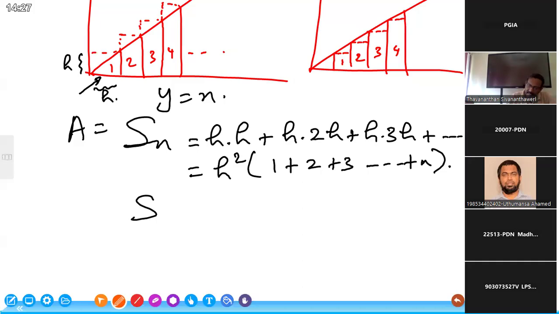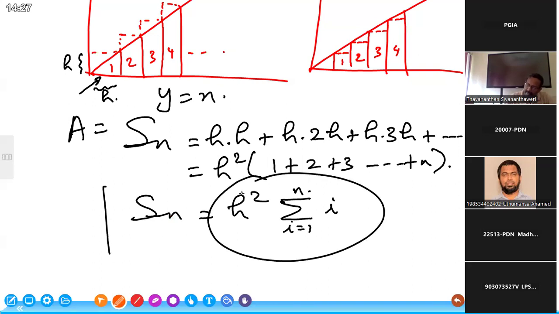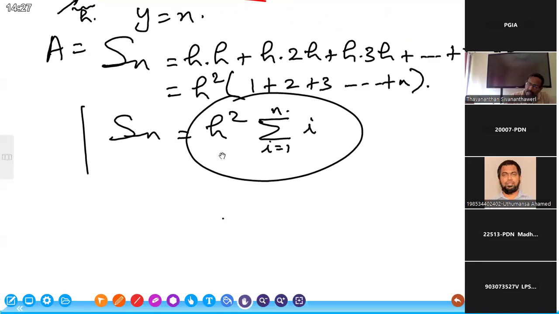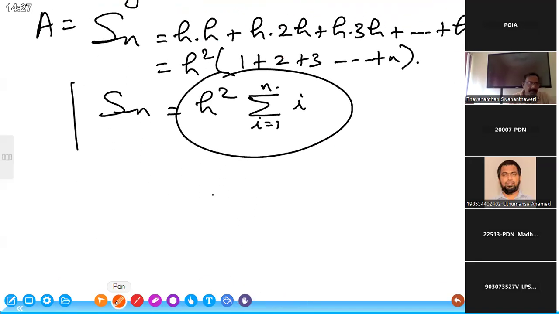So that is, capital Sn is equal to summation. Before summation, we can say h square summation of i, where i is from 1 to n. Maybe you might have seen some kind of summation notation in statistics also. You mean add all these components, right?